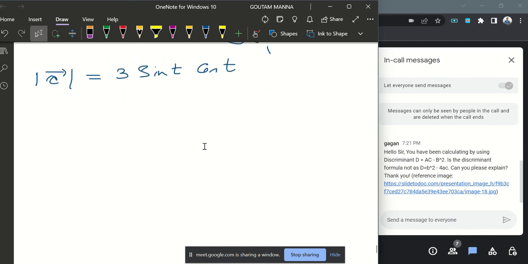So the unit vector along this tangential direction, let's call it tau hat, which is tau vector by modulus of tau.